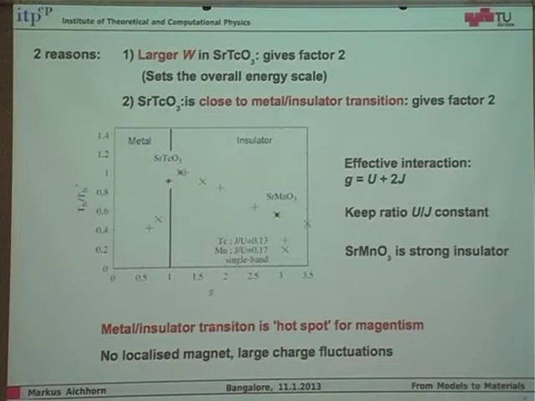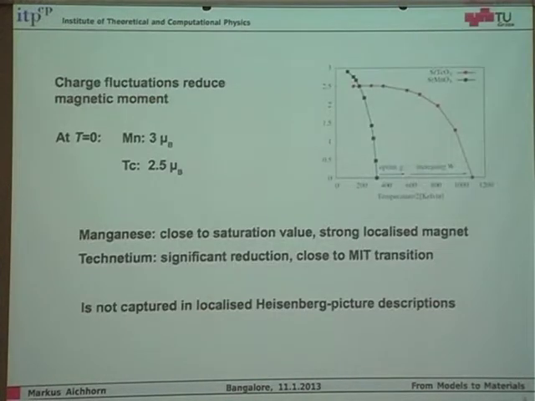Okay. What I wanted to say is also it's not a localized magnet because there are large charge fluctuations, and the moment at 0 temperature you can estimate from here, from this saturation value. Here it's not quite saturated, but you could say, okay, 3, which is the Bohr magneton times 3, the maximum value that you can reach for 3 electrons, so it will go here.